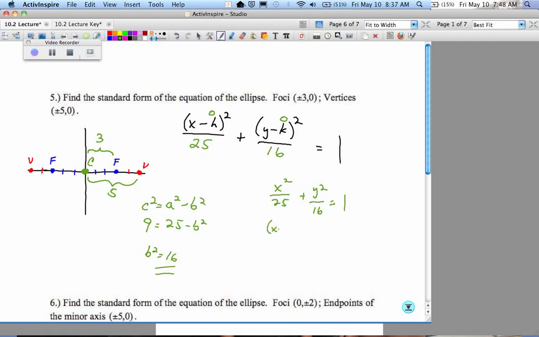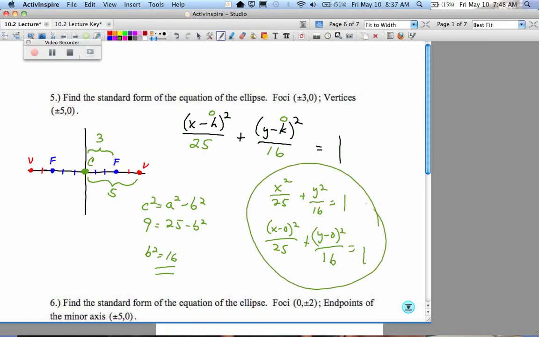If you really want to, you can write it with the 0 in there. I don't. But the key, where a lot of you will miss your points, is you will forget to put the 1 in there. It needs to be equal to 1 to be an ellipse.